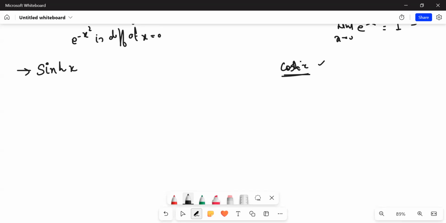So let us find the graph of sine hyperbolic and cos hyperbolic. So how would you do? So let us first define what is sine hyperbolic and what is cos hyperbolic. Okay, so let us plot that.